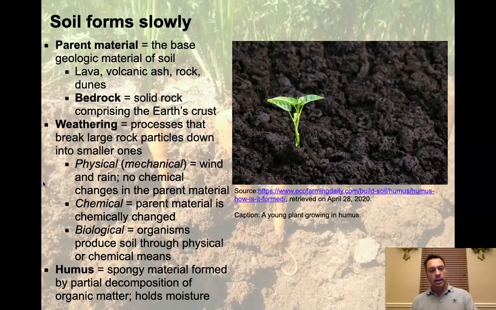Okay, another way is chemical weathering. Chemical weathering is pretty impressive in what it can do. It turns out that rainwater that falls out of the sky has a pH of about 5.5. The reason it has a pH of about 5.5 is there's a little bit of carbon dioxide in the atmosphere at all times, and it combines with water and forms carbonic acid. So you get a little bit of carbonic acid blended in with rainwater that moves the pH to 5.5.